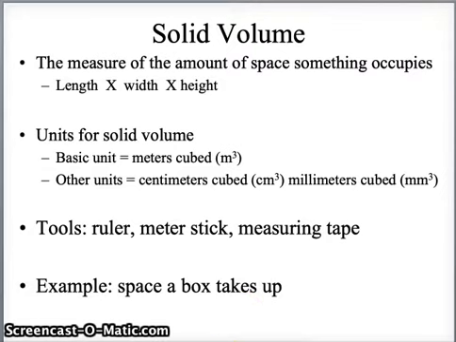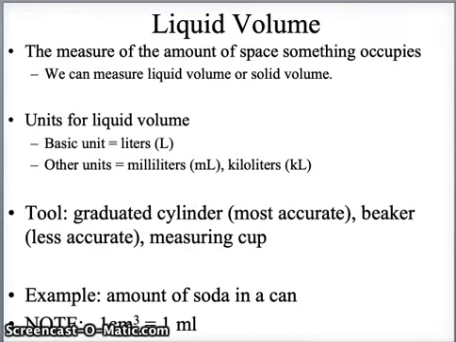Liquid volume is the same thing, but we're measuring a liquid rather than a solid. In this case, our basic unit is going to be liters. Other units: milliliters or kiloliters. In this case, we would utilize a graduated cylinder, a beaker, or a measuring cup.